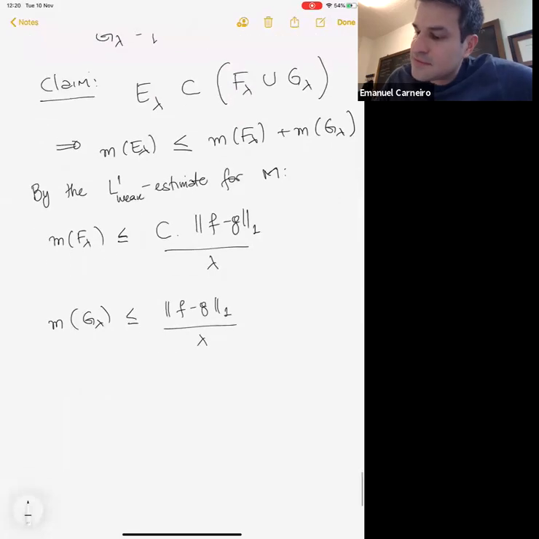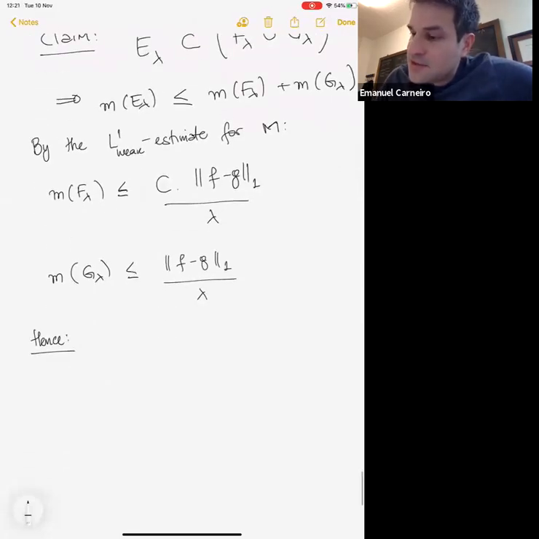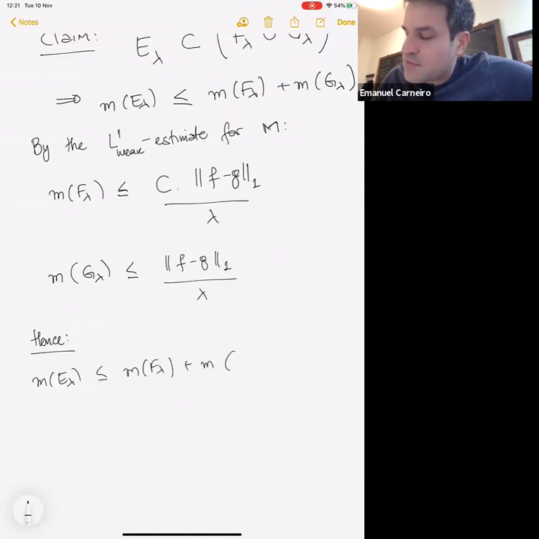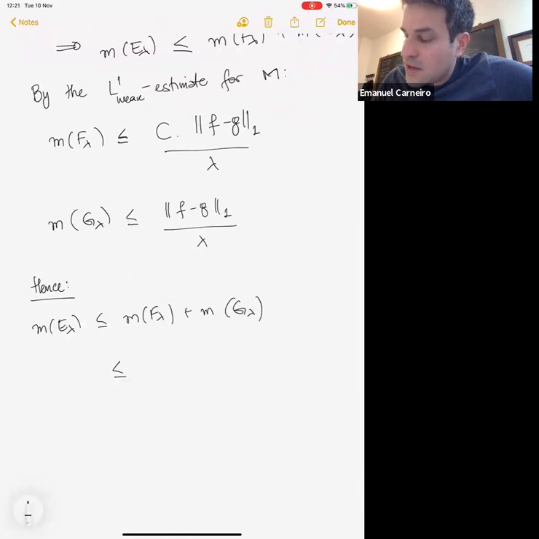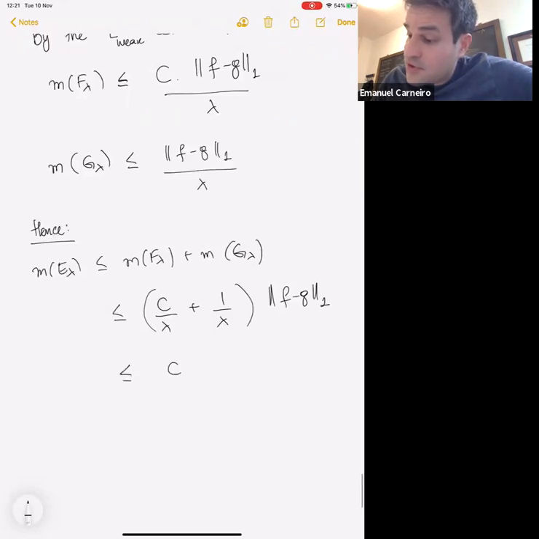Hence, what you get is that the measure of E lambda is less than or equal to the measure of F lambda plus the measure of G lambda. But this is less than or equal to, we can factor out, C over lambda plus 1 over lambda times the L1 norm of f minus g. This was less than or equal to C over lambda plus 1 over lambda times epsilon.